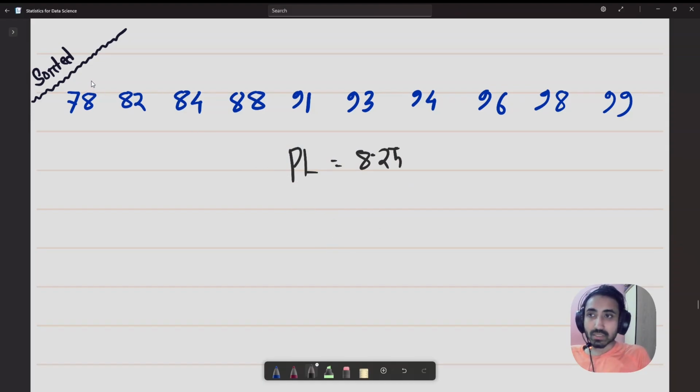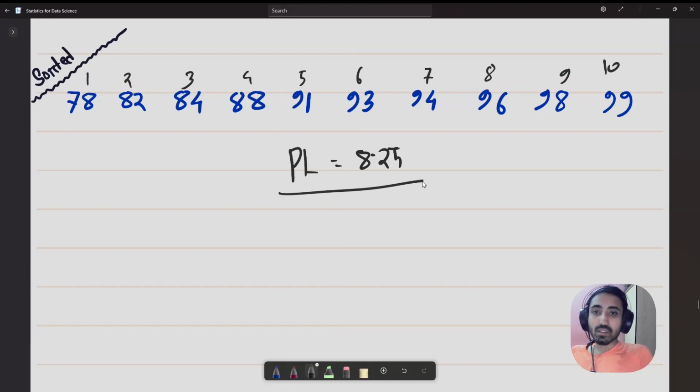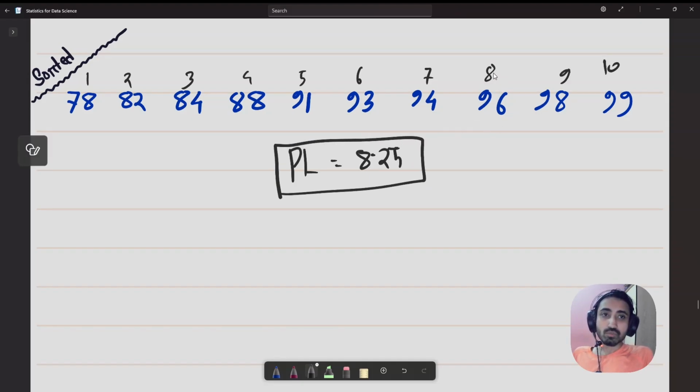Location means, as the data is sorted, this is 1, this is 2, 7, 8. So percentile location 8.25 means the percentile value lies between the 8th and 9th values, between 96 and 98. If you want to calculate the value, that would be 96 plus 25% of the difference, 98 minus 96.